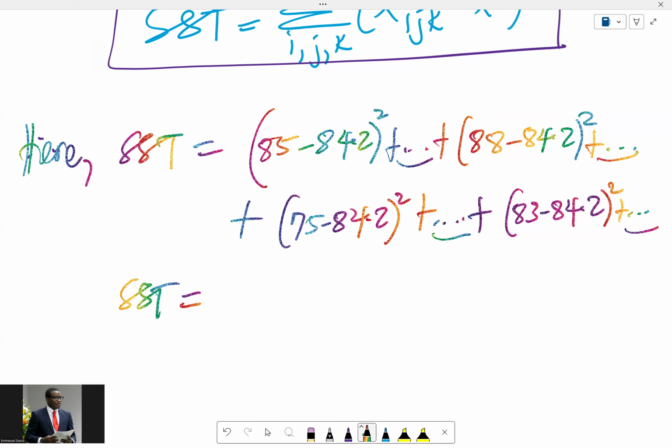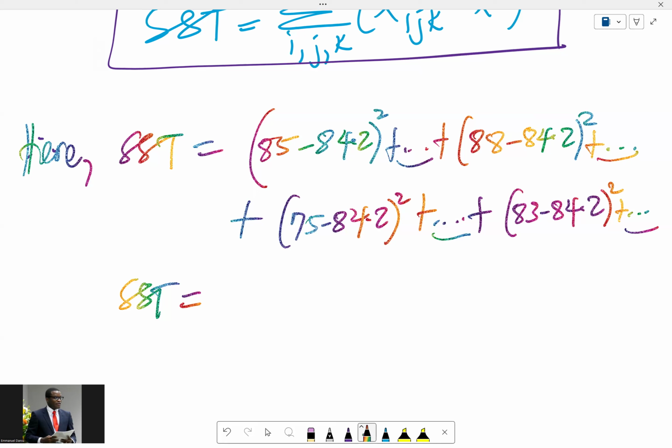Then, you're prone to making mistakes, so you have to be extremely careful. So after 88, we have 84. So 84 minus 84.2 squared. Then the next one is 92. 92 minus 84.2 squared.